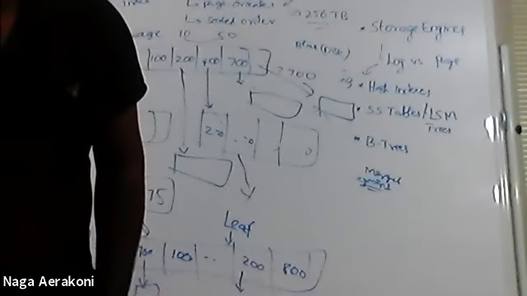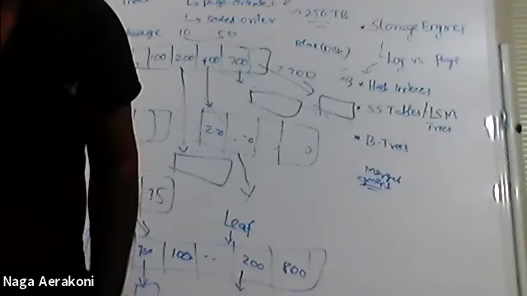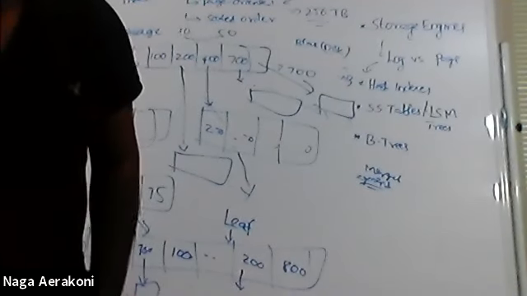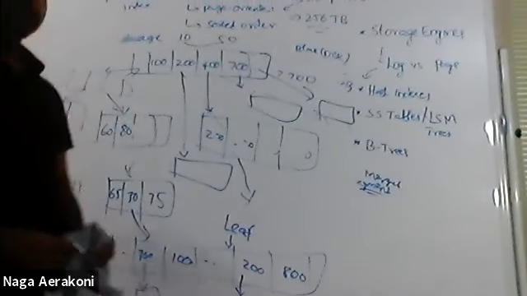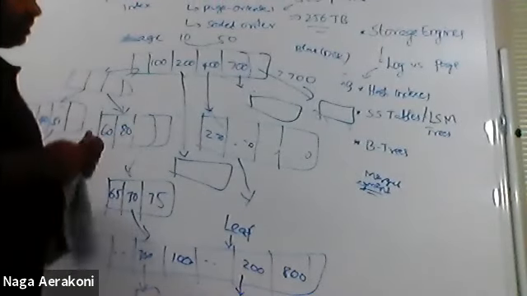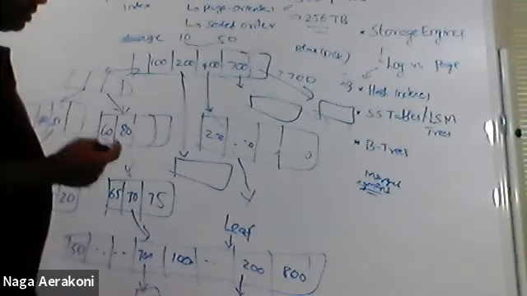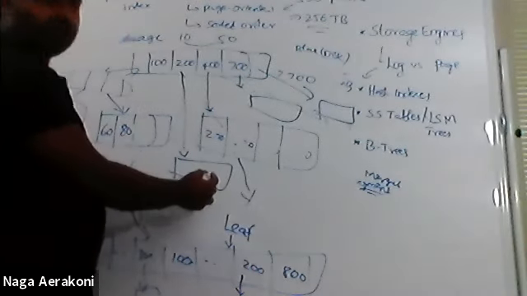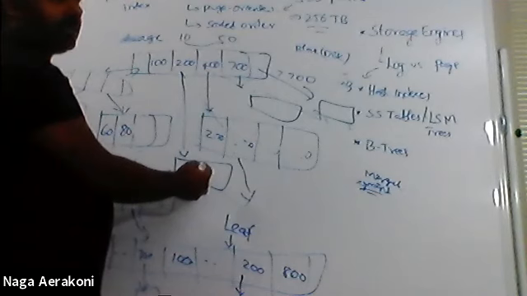So let me see if I missed anything in between. One of the scenarios when you're writing into B trees: suppose you're in the middle of writing some data and it got corrupted.